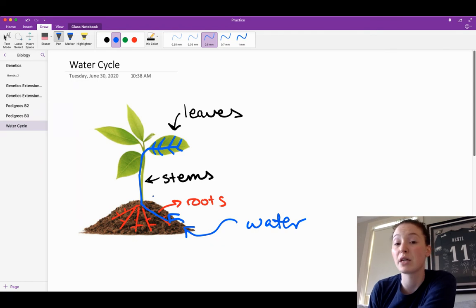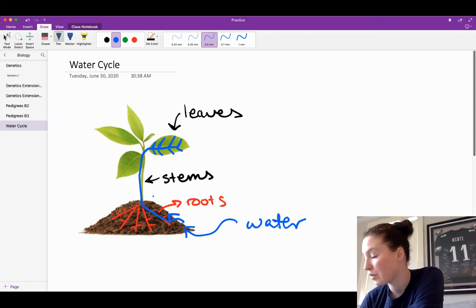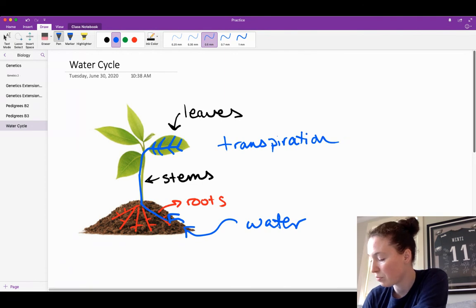And right now I'm going to talk about one main way, which is called transpiration. Right? This is the whole process of transpiration, of bringing water up through the roots, through the stem, and through the leaves. And what actually happens is that there are tiny pores. If I draw it, I should have put a picture in.